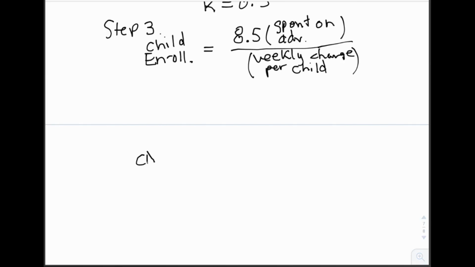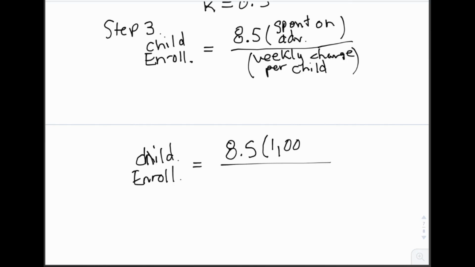That is the ultimate question we want to answer. So child enrollment is going to be equal to 8.5 multiplied by our amount spent on advertising, which was 1,000, and that's going to be divided by our weekly charge per child, which is 170.